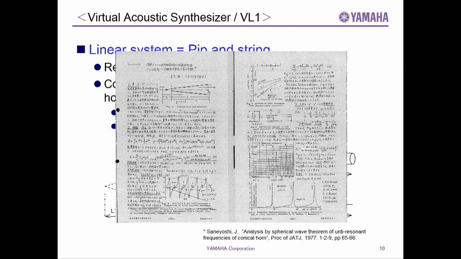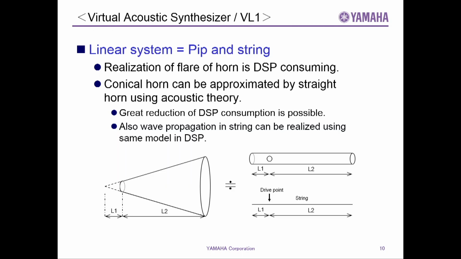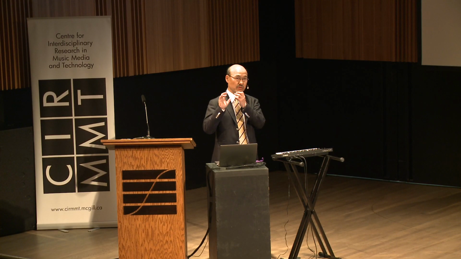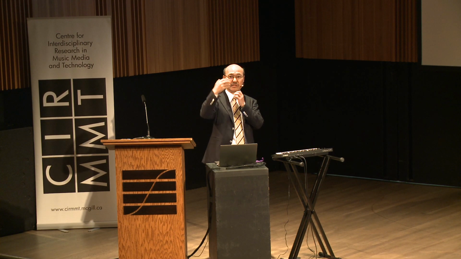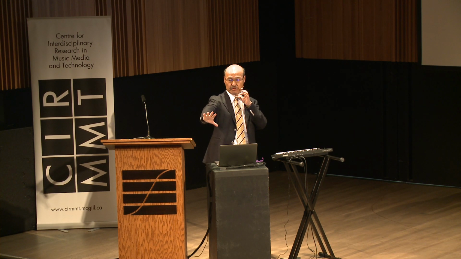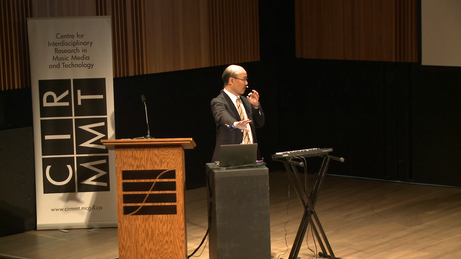I discovered this paper in 1987, then became aware that a straight horn can replace the conical horn, or a string can also replace a conical horn. It means that a recorder's straight pipe can replace a saxophone's conical horn, or an oboe's conical horn.